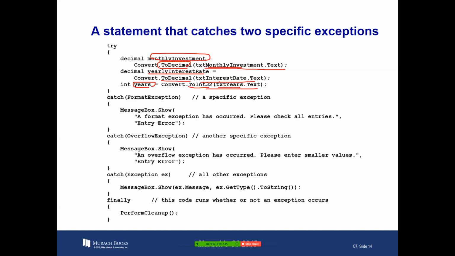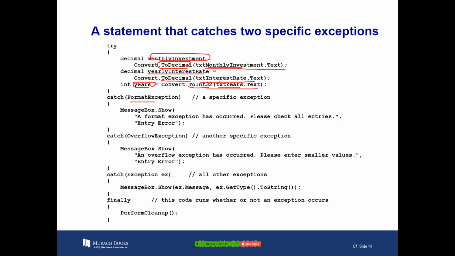So the types of exceptions that can occur are, first of all, a format exception. That can be caused if you type some letters in there instead of some numbers. That's the first thing it looks for.